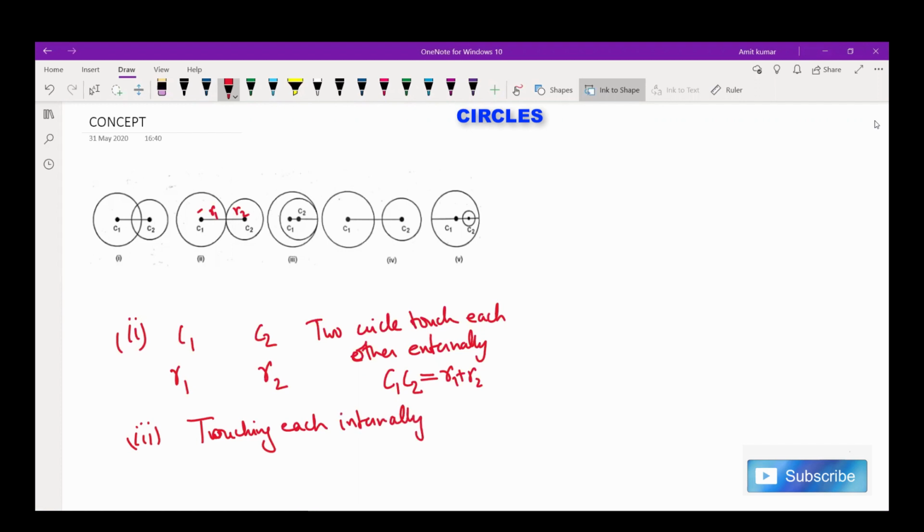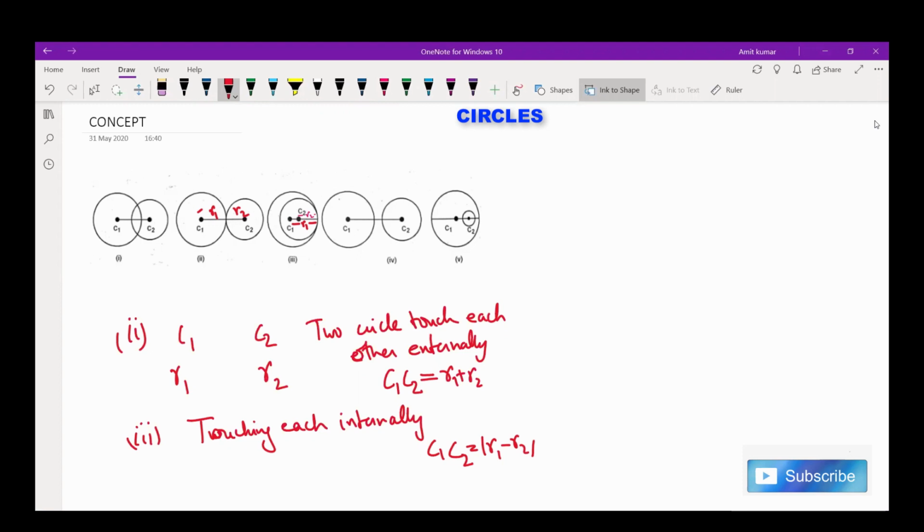So from the diagram, I can conclude that if C1 is the center of the first circle and R1 is its radius, and C2 is the center of the second circle and R2 is its radius, then C1C2, that is the distance between the two centers, is equal to mod of R1 minus R2. So if I subtract R2 from R1, then I get the distance between the two centers.